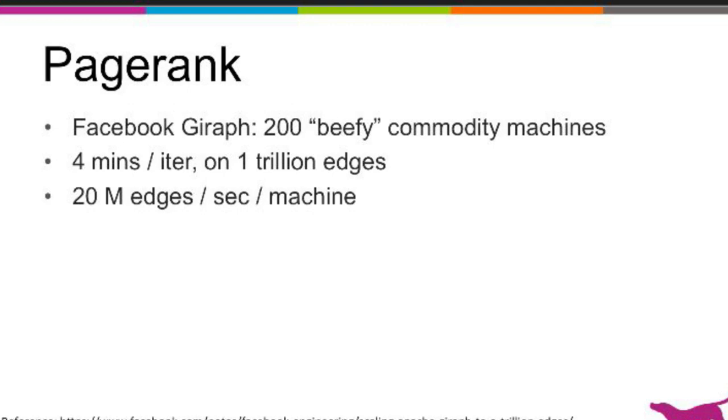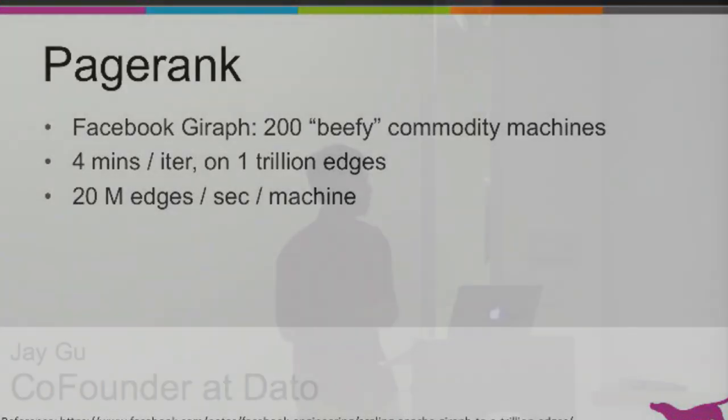Facebook used Apache Giraph on 200 very beefy commodity machines to compute PageRank on a graph with 1 trillion edges, which is an order of magnitude bigger than this one. If you look at the throughput, it's about 20 million edges per second per machine.